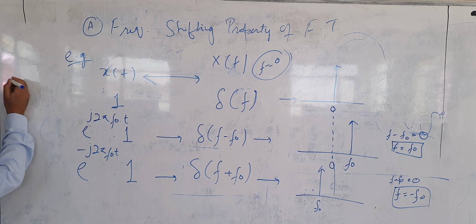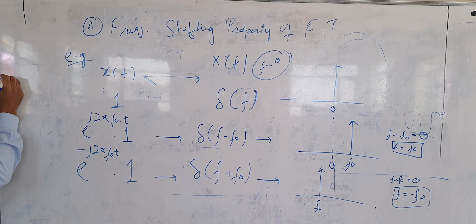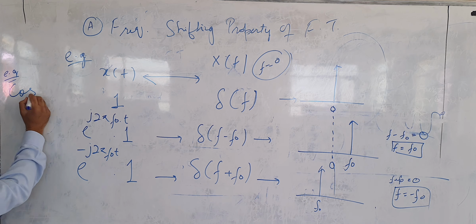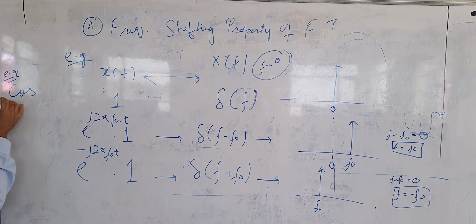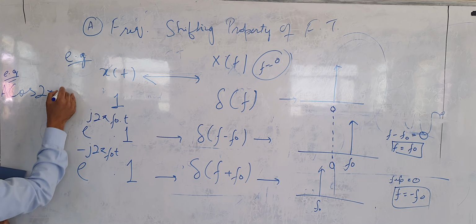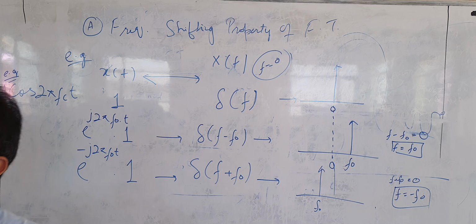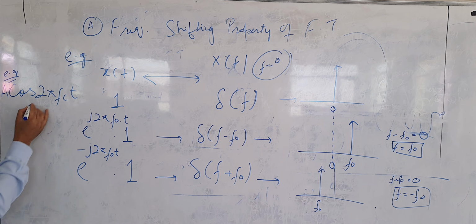Now, you might be knowing, if I have a signal like A into cos of 2 pi fc t, do you know something about Euler's expansion or Euler's formula? Euler's formula आप अपनी जगह ये भी देखने के ऑप्शनल असाइनमेंट है. वो क्या होता है?